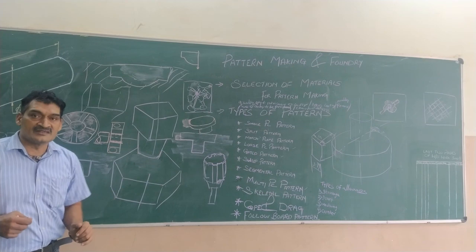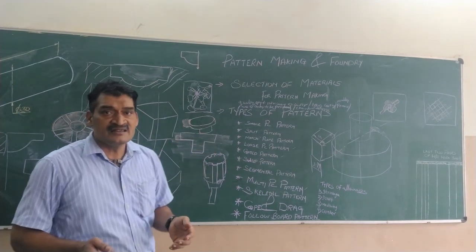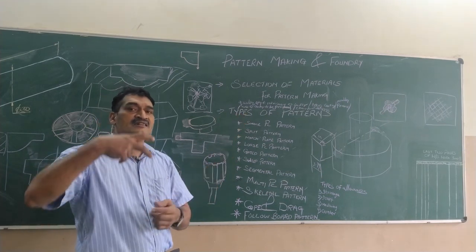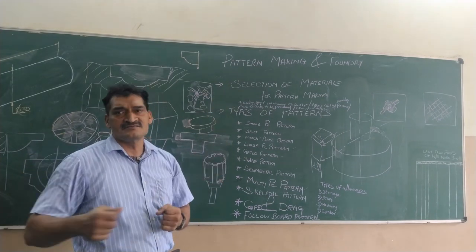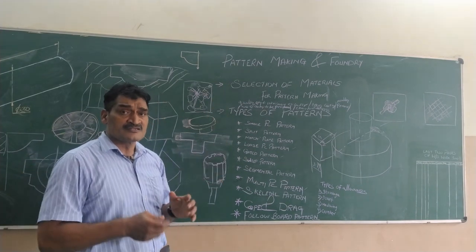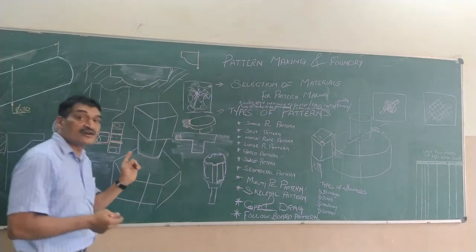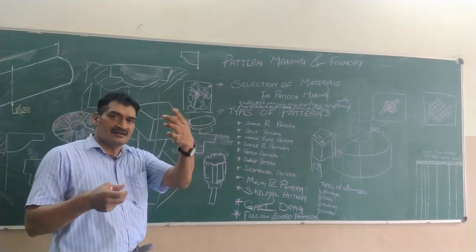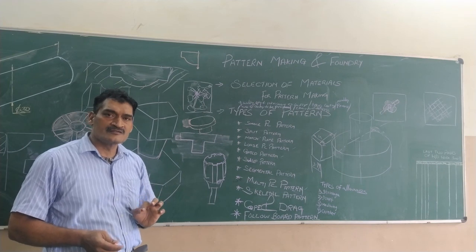Let's take another example. All of you are traveling by vehicles. There is a shaft, there is a bore and a piston. Now, if there is no clearance, or there is interference between the bore and the piston, will your vehicle move?